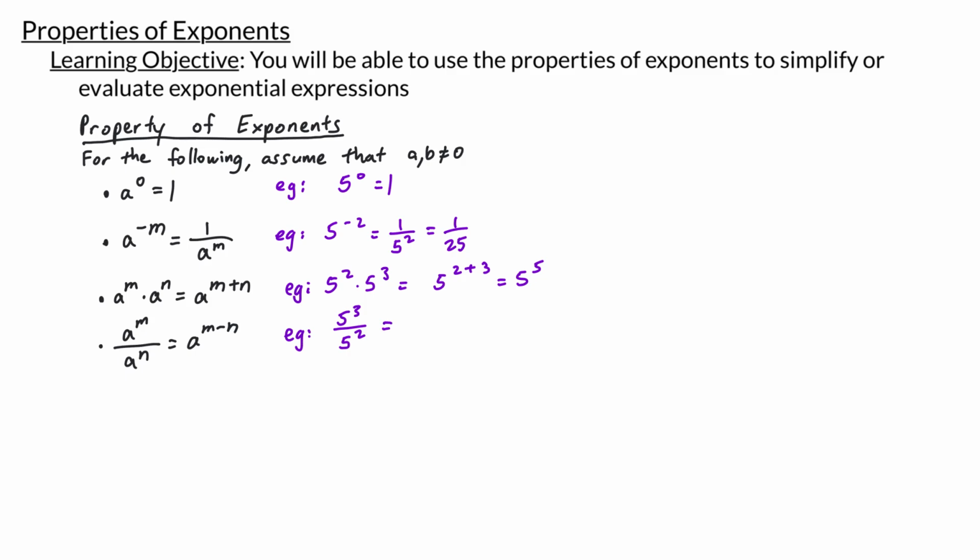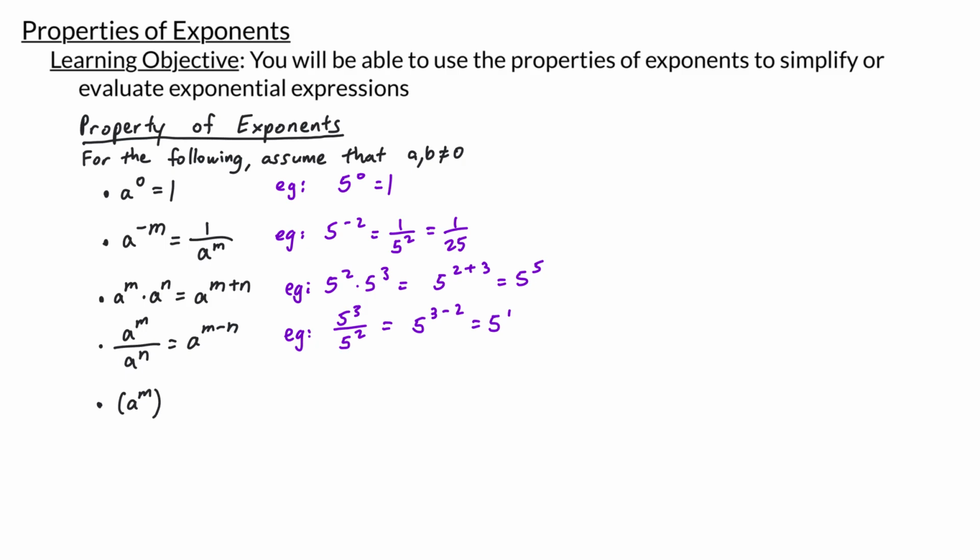According to our exponential property, this is 5 to the power of 3 minus 2, or 5 to the 1st power. This is because if we have 3 copies of 5s in the numerator and 2 copies of 5s in the denominator, well, 2 copies of 5s can cancel out from the numerator and denominator, leaving me with 3 minus 2 copies of 5s.